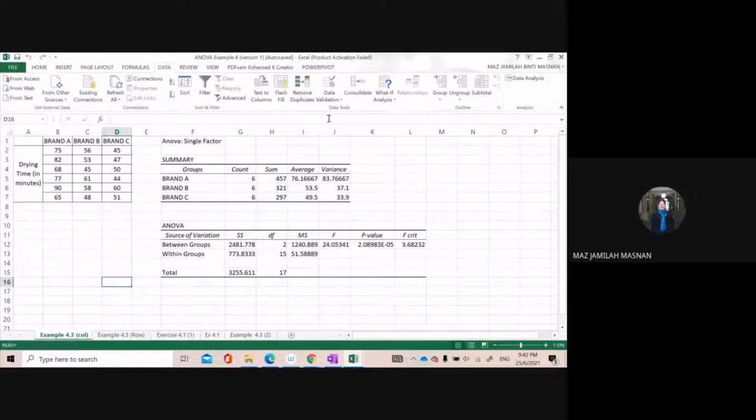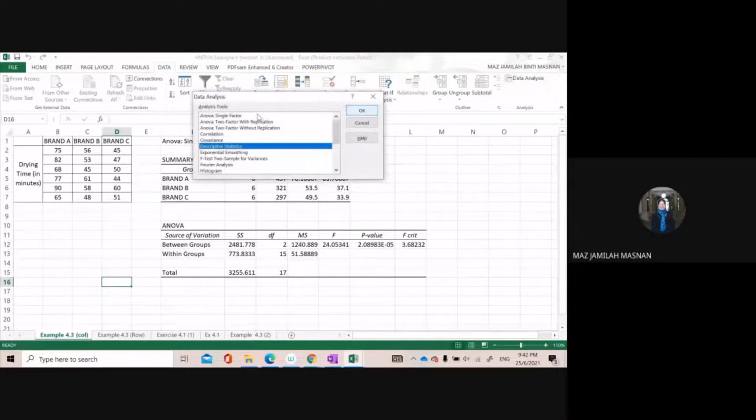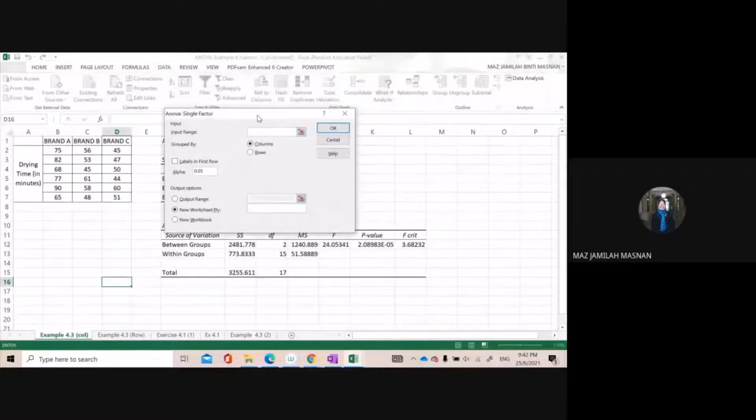Let us begin with the analysis. I have the result here, but I want to redo it again. Go to Data Analysis, then you will have this Data Analysis pop-up. Go to ANOVA: Single Factor, click OK. Then you will have this table.